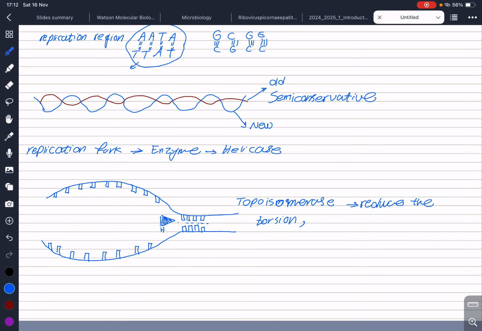So topoisomerase reduces the torsion and the positive supercoils. Why? I'll tell you now. For example, this is the helicase here that is breaking the hydrogen bonds, but the strands will get mixed together, they will get torsions. So topoisomerase will reduce it.